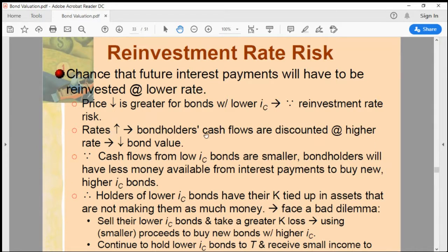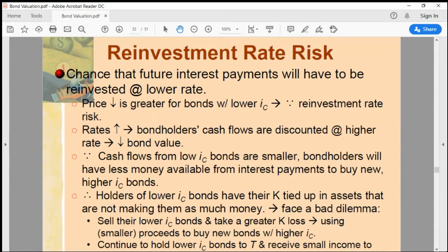If the interest rate goes up, bondholders' cash flows are discounted at a higher rate, right? So it lowers the bond value, right? And since cash flows from low coupon bonds are smaller, bondholders will have less money available from interest payments to buy new higher coupon bonds.